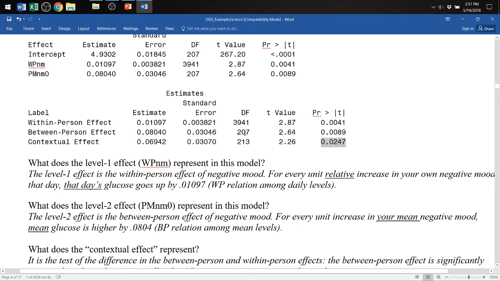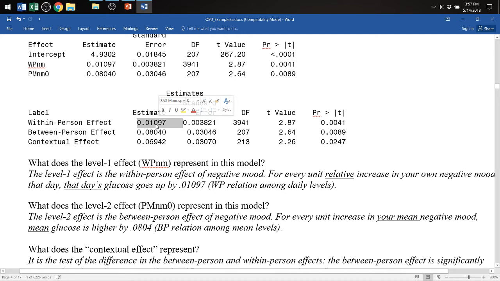So the other way to think about a contextual effect is that it represents the incremental effect of the person mean that is not extrapolable from their daily observation at level 1. So this 0.01 within person effect, it could actually be the same thing as a between person effect.